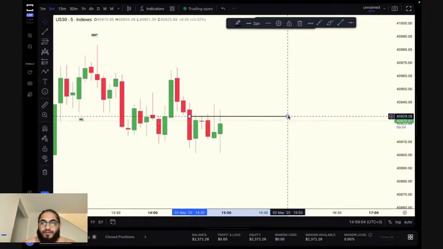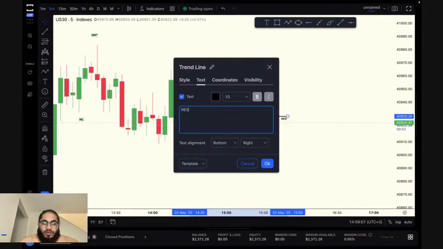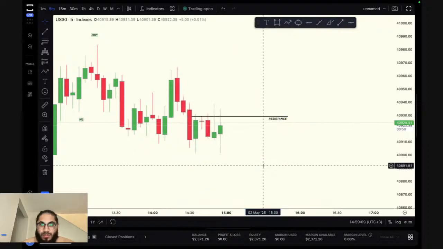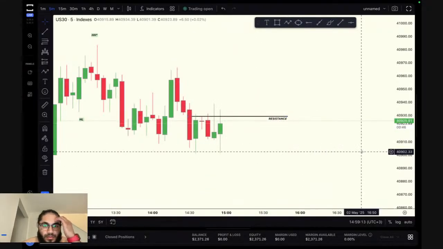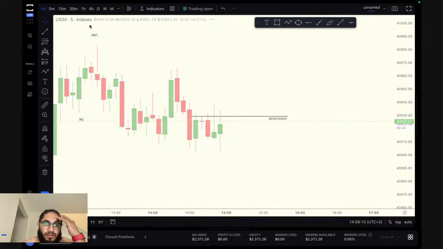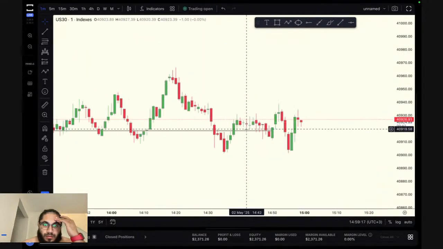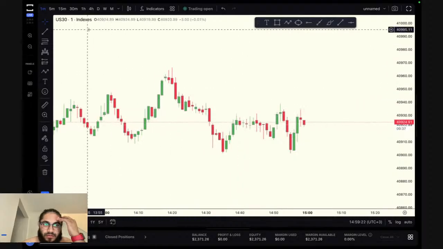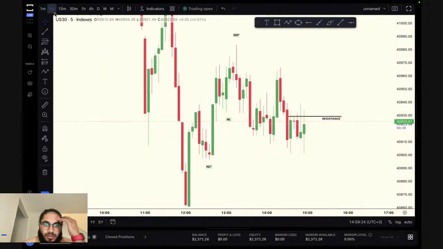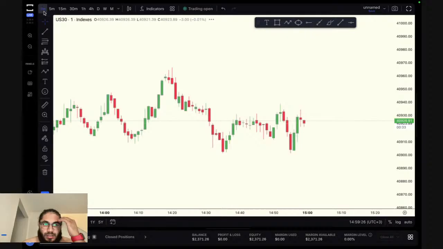Resistance, right? It's that resistance level. Based off all this time frame, based off all of this here, they're not even up and break.